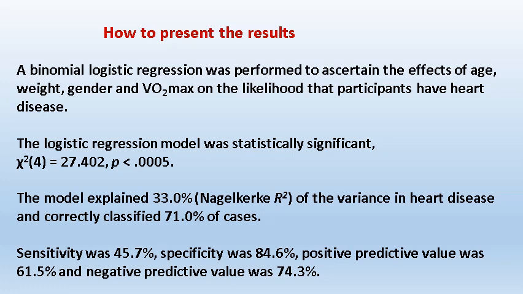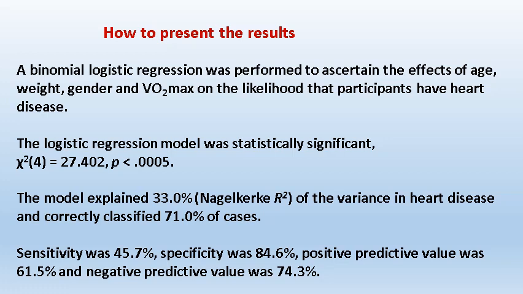Okay, 71% of cases were correctly classified based on this model. And Nagelkerke R-squared was 33%. That means 33% of variation in development of heart disease was explained by variation in the combination of independent variables.